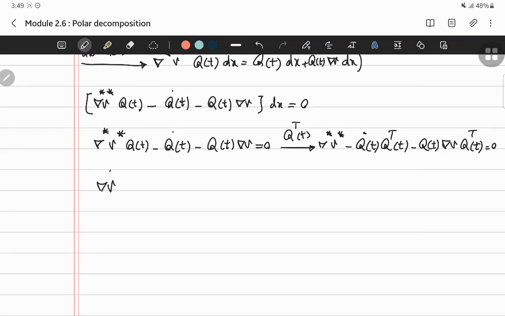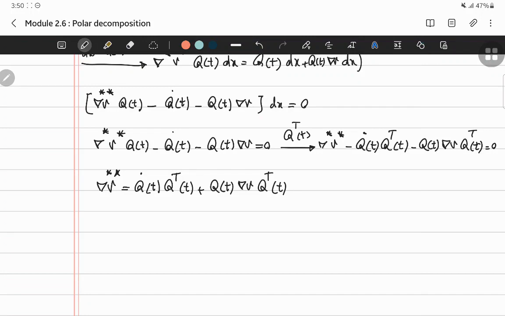So finally del star v star is equal to q dot t q transpose t plus qt del v qt transpose.